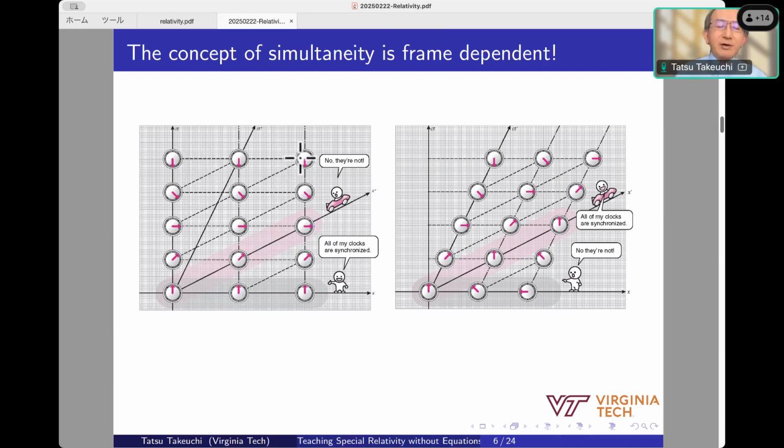On the other hand, if you are looking at the same 3 clocks from a frame which is moving to the right, and I have a drawing of a car here to represent that frame.